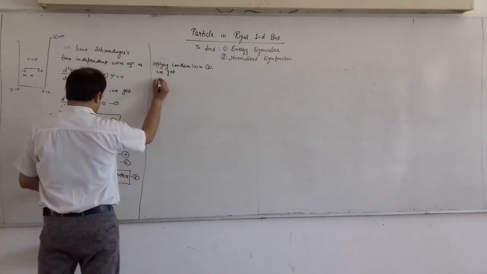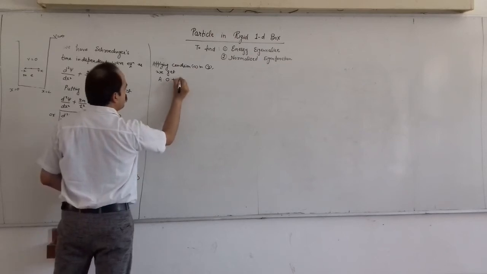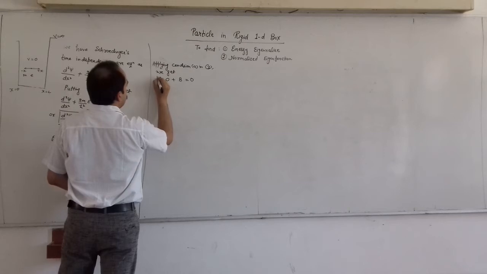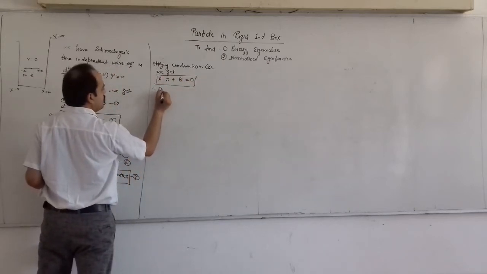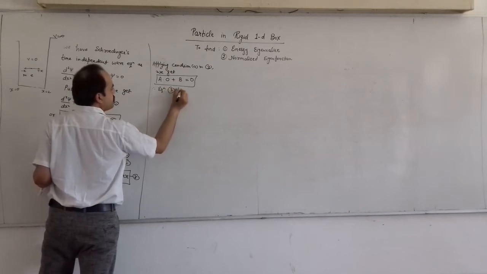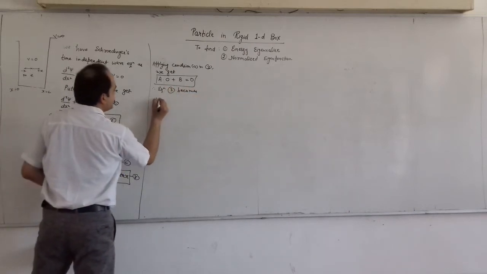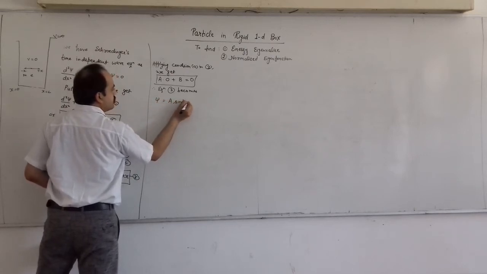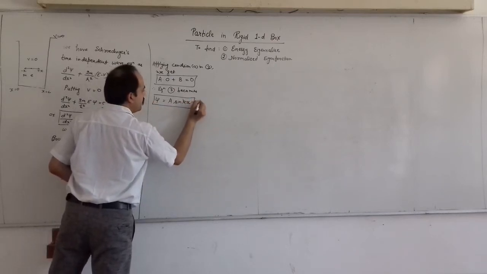So we get A into sin 0 is equal to 0 plus B cos 0, where cos 0 is equal to 1. So B is equal to 0. Therefore equation number 3 becomes, putting B equal to 0, psi is equal to A sin kx. This is our equation number 4.